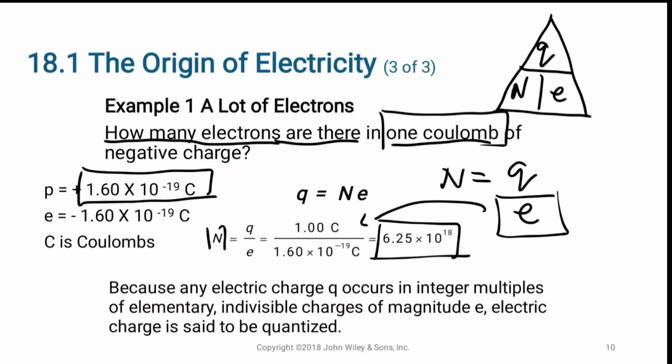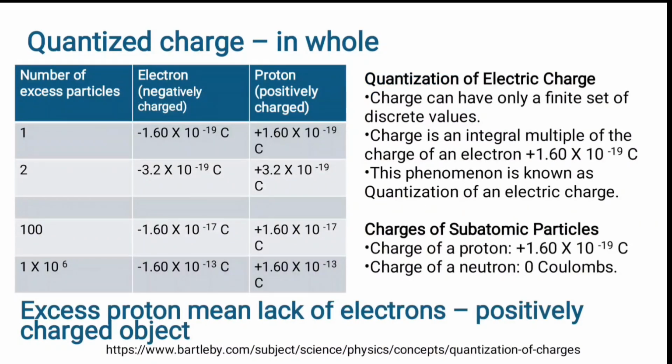Now, because any electric charge occurs in integer multiples of the elementary, indivisible charge of magnitude e, electric charge is said to be quantized. What do we mean by quantized? When you say quantization of electric charge, it means that there is only a finite set of discrete values. No matter how many times you multiply or divide this number, you should end up with the same charge of either positive or negative 1.60 times 10 raised to negative 19 coulomb.